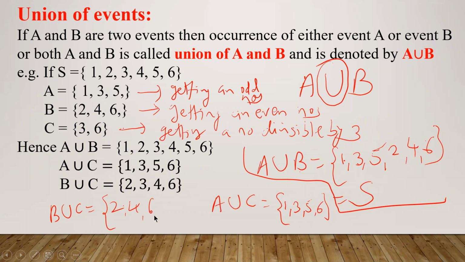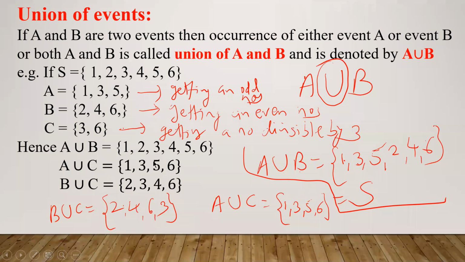So 3 is not written, so I will write down 3 here. 6, I have already written because it is there in B also, so I will not repeat it. So this is my B union C: 2, 3, 4, 6. I can change the order, it will not matter. So B union C is this.